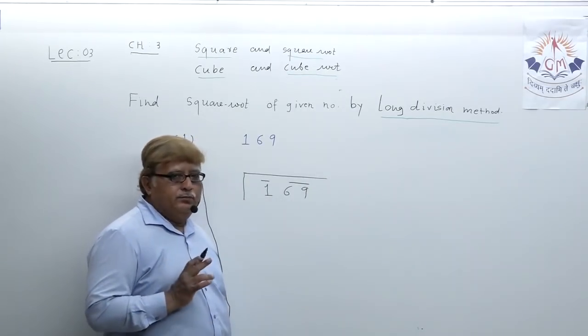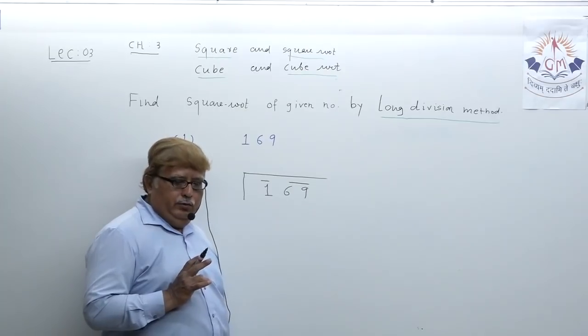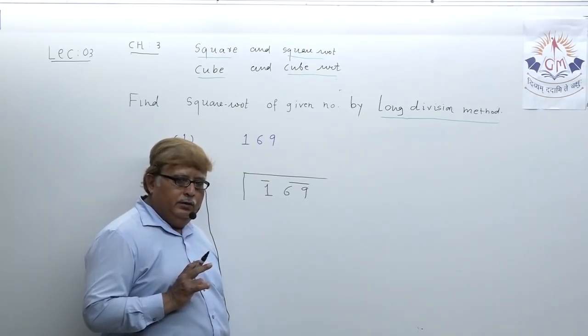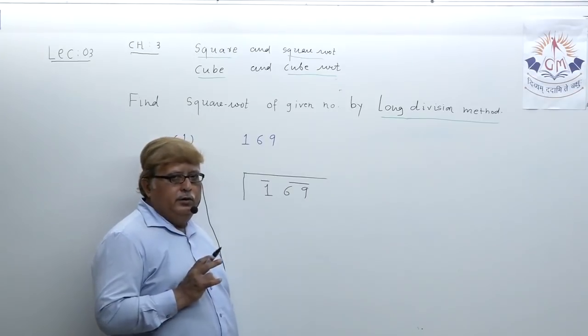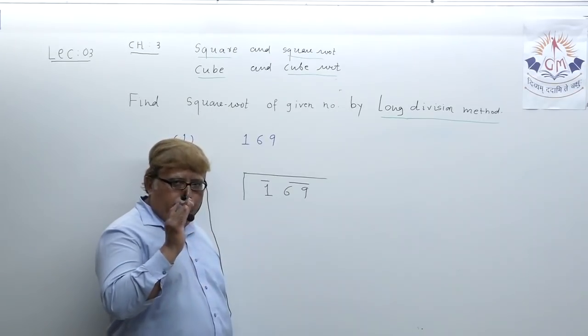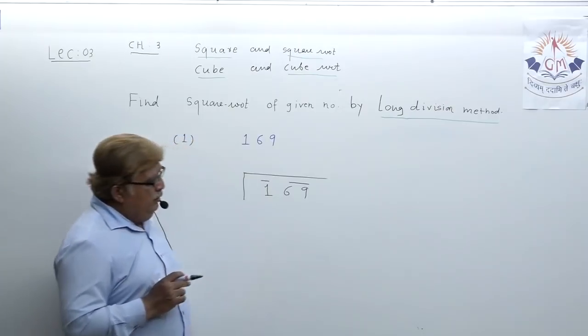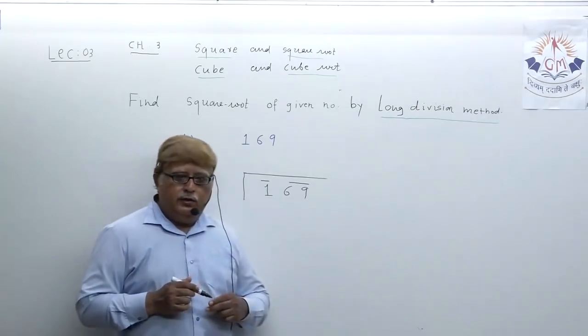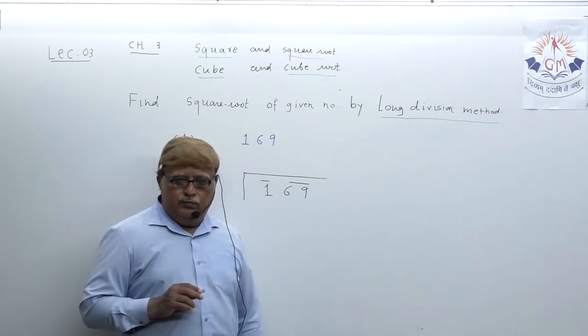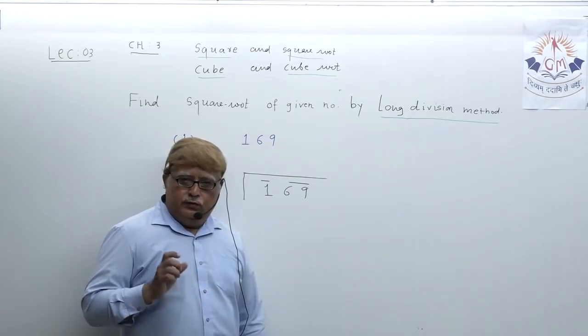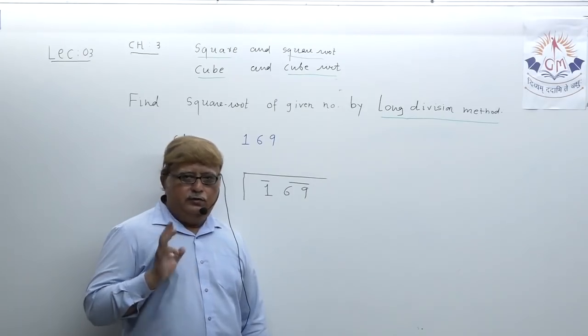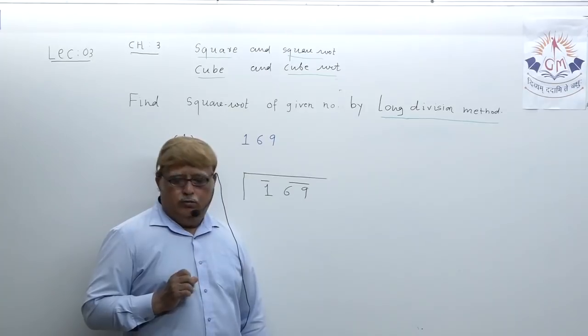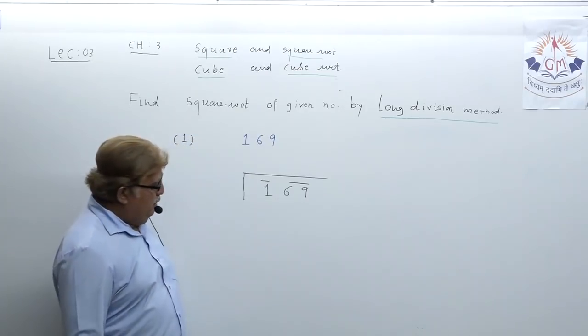Every time you are doing long division method, you have to split the number. Initially, I will take 2 to 3 example consisting of 3 digits only to make your concept clear.